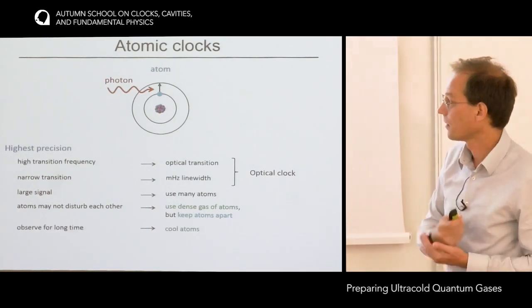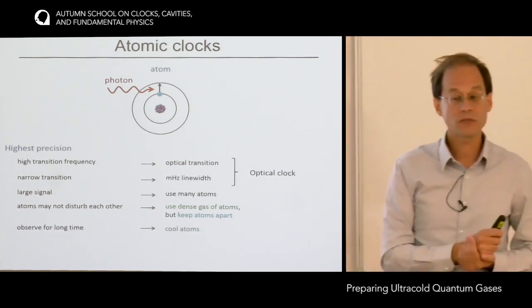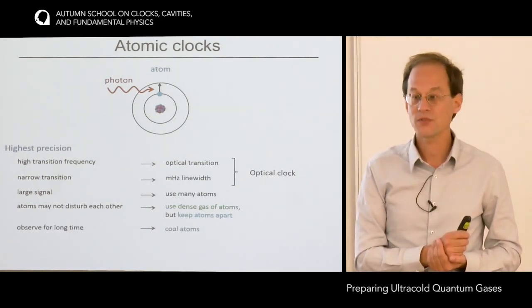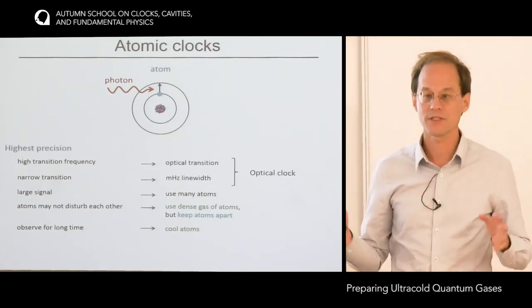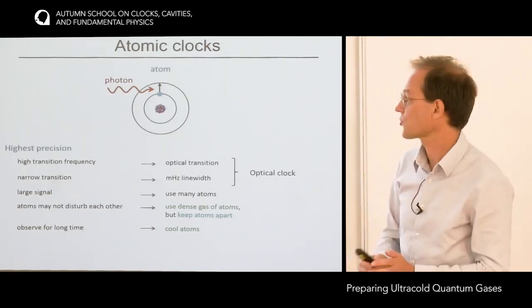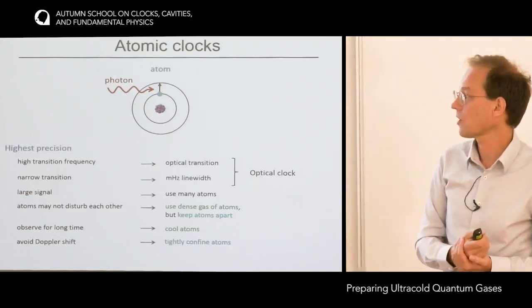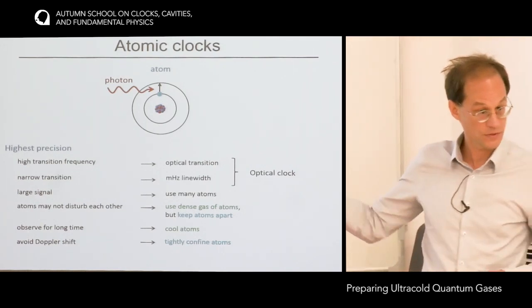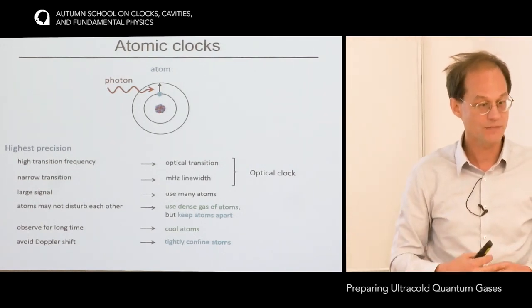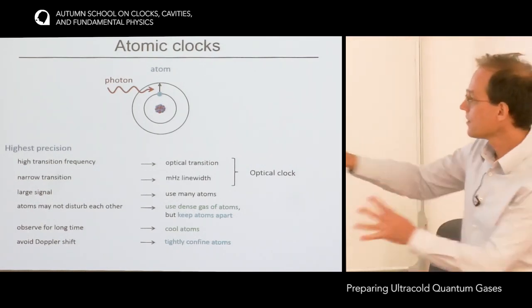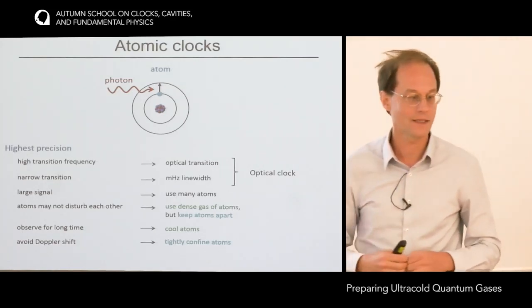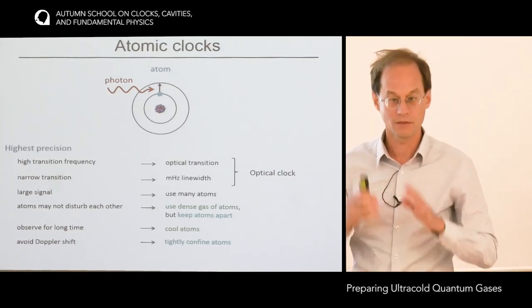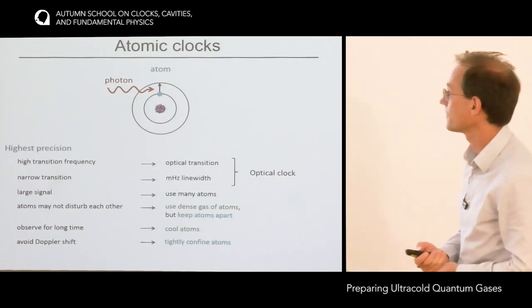We want to keep them apart. Next, we want to observe these atoms for a long time, which of course means we must make them slow, and we want to avoid Doppler shifts, and there are tricks. I'm pretty sure Michael will also describe the Lamb-Dicke regime during the optical clock session. So we want to tightly confine our atoms so that we can completely suppress the Doppler shift.